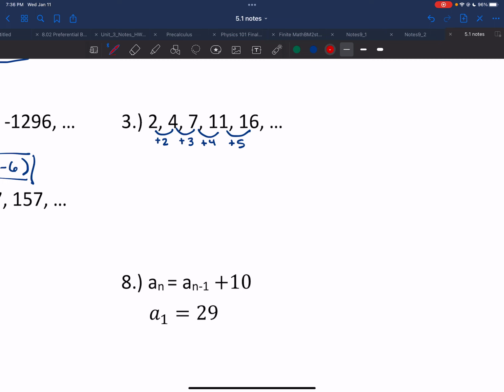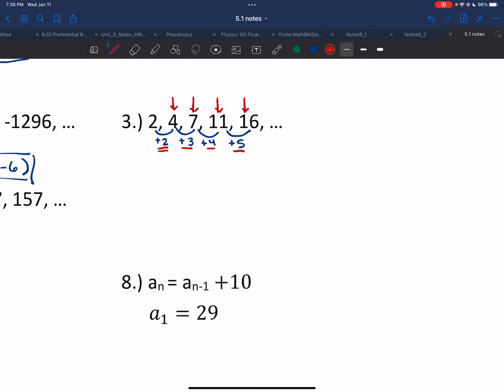Well, here's something important to notice, and you'll see this trend if you start with +2. For my second term, I added which term it was, which was 2. For my third term, I added 3. For my fourth term, I added 4. For my fifth term, I added 5.